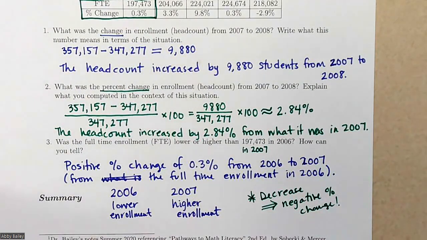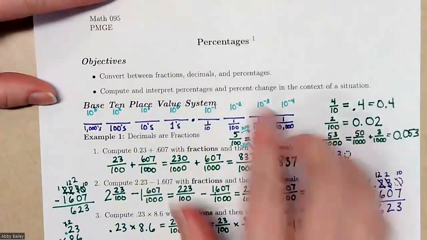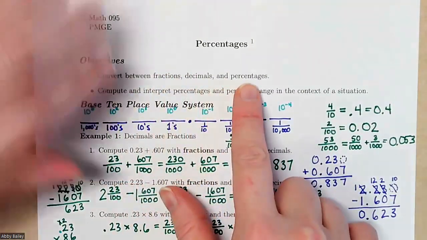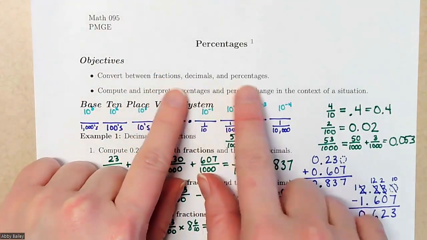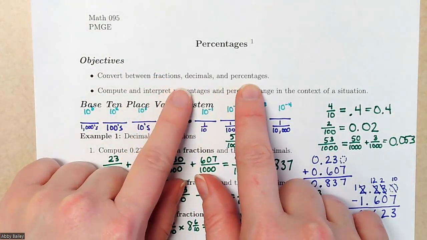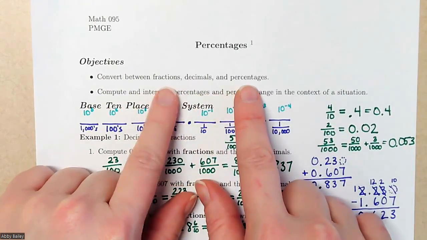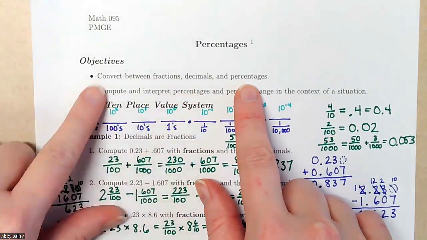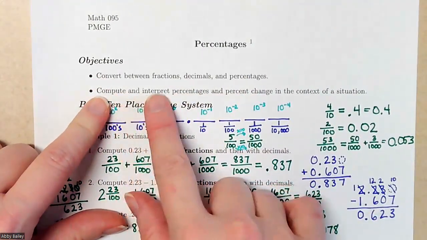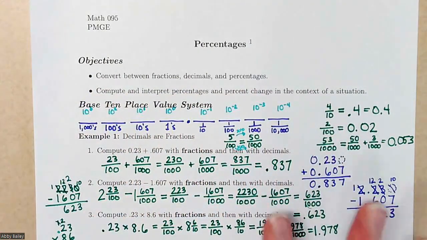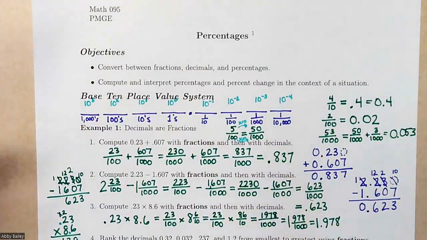Quick summary. Let's look back to the beginning. Okay. So in this section, we converted between fractions, decimals, and percentages because they're really just several ways to represent equal values. So this is yet another way to do equivalencies. And we computed and interpreted percentages and percent change in the context of an actual situation in reality.